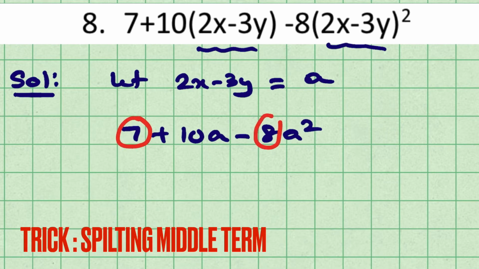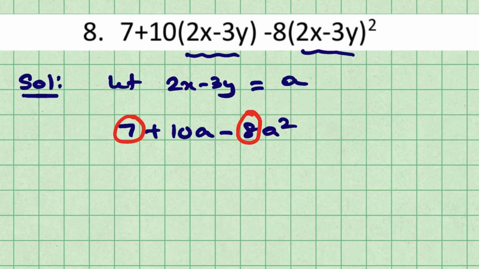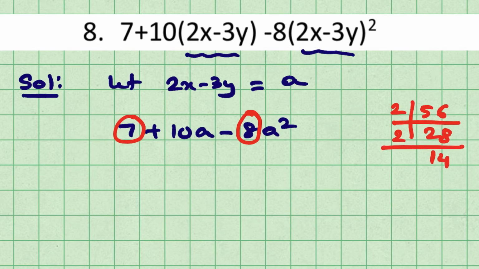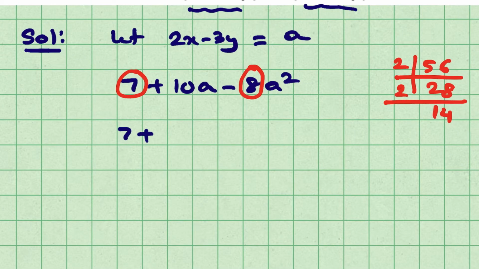I'll take the product of these two terms, which is 56. I factorize it, so we'll get 14 and 4. Yes, 14 and 4 give us 10. Therefore I can write 7 + 14a - 4a - 8a square.